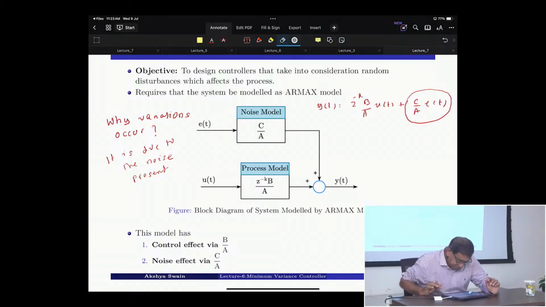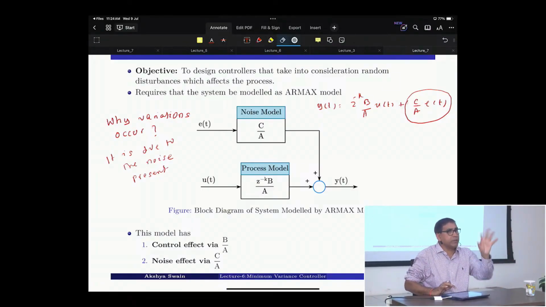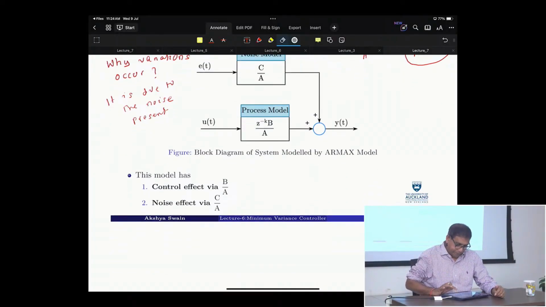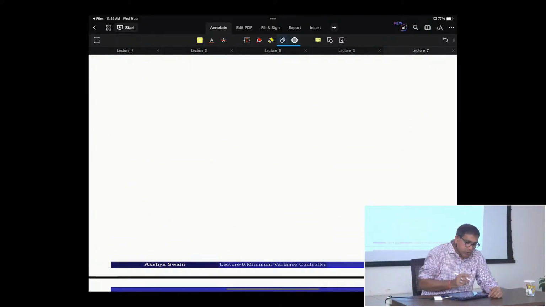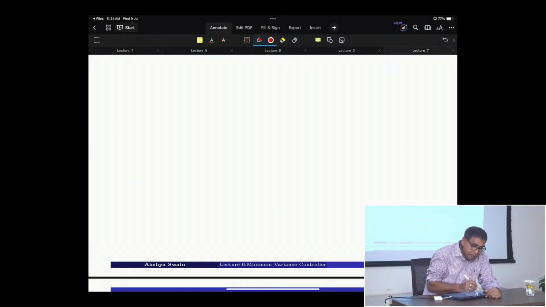Let's see. Understand the concept now? Noise is the problem maker. Remove the noise. The ideal thing is to completely estimate and remove it, but it's not possible. Let us do what we can do with the noise. Minimum variance controller, let's see.